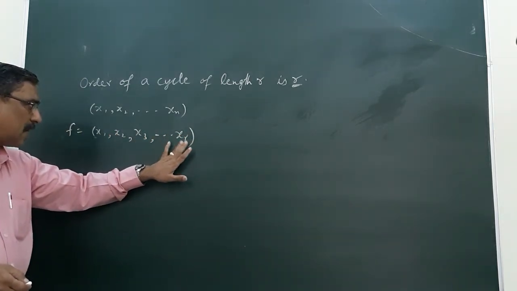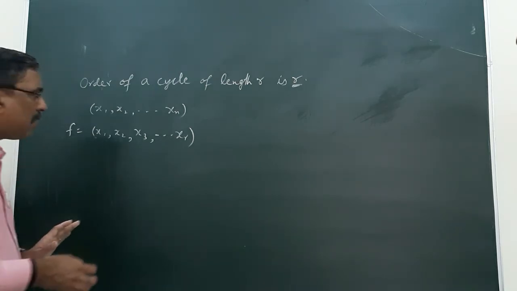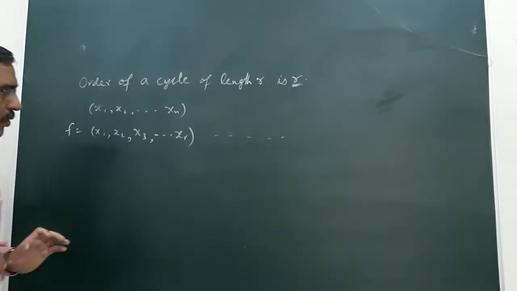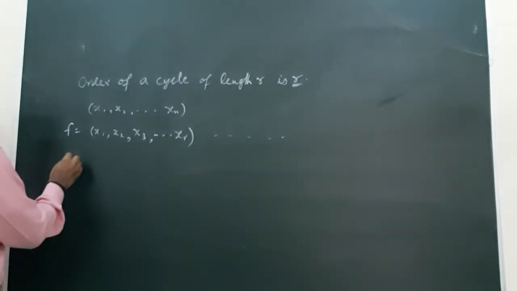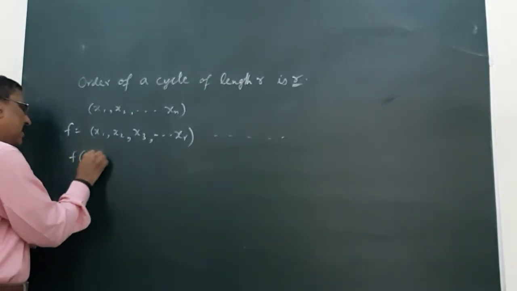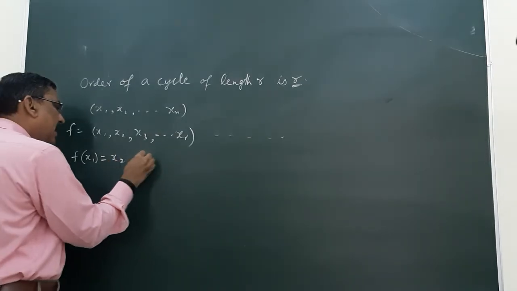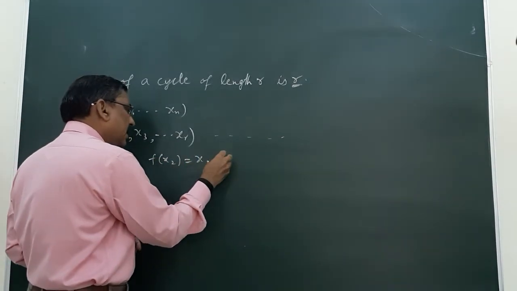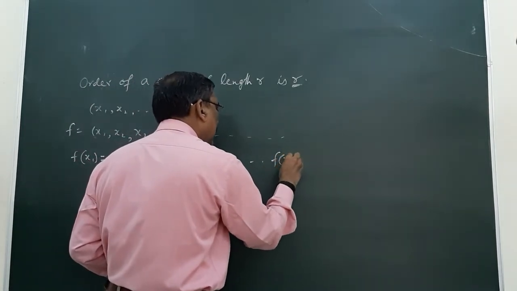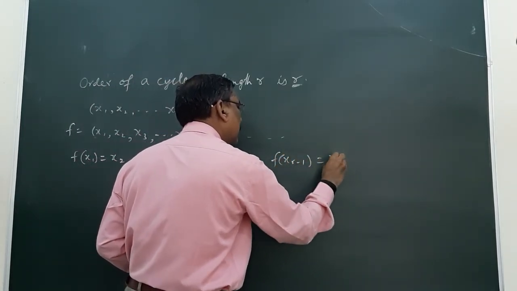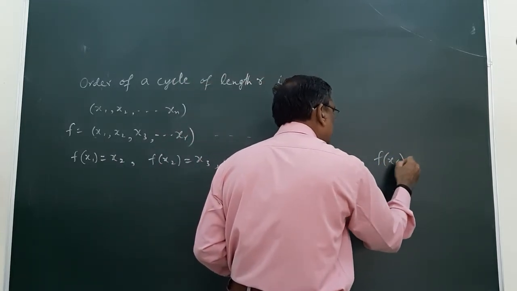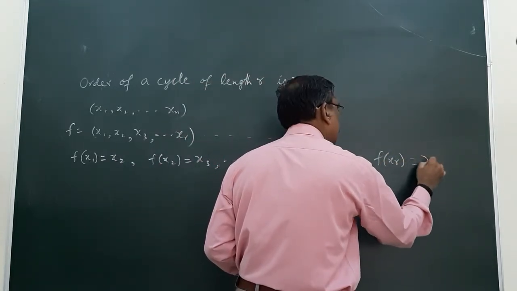The image of xr is x1, and all other remaining elements have their own images. So I can write F(x1) is equal to x2, F(x2) is equal to x3 and so on, F(x(r-1)) is equal to xr and F(xr) is equal to x1.